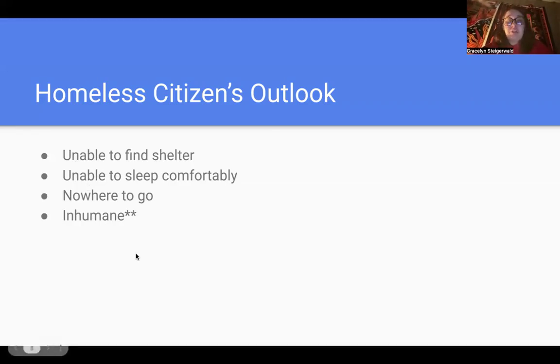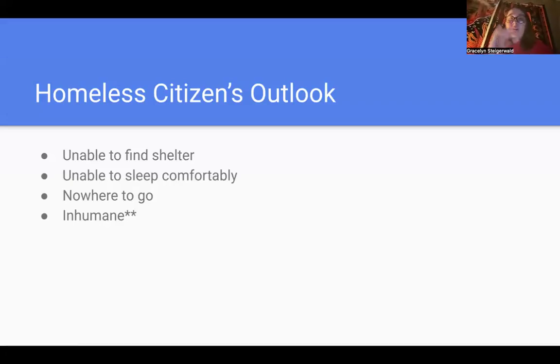According to the National Coalition for the Homeless, hostile architecture can be defined as a form of segregation as it separates the homeless community from the rest of the general population.